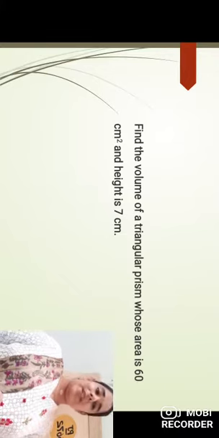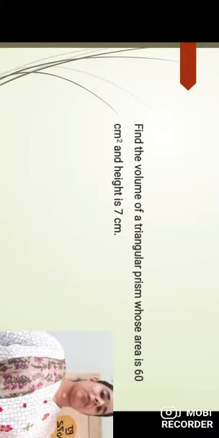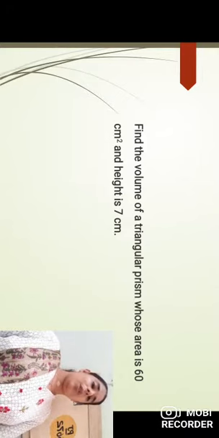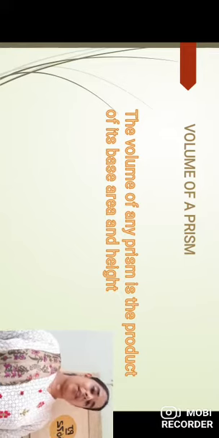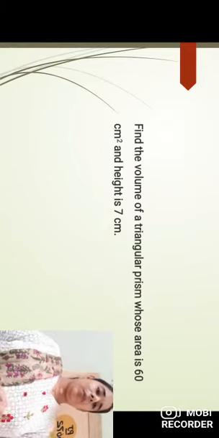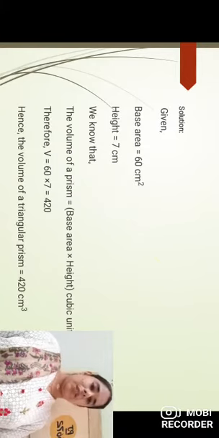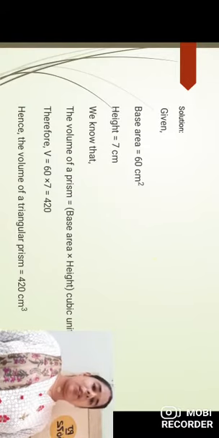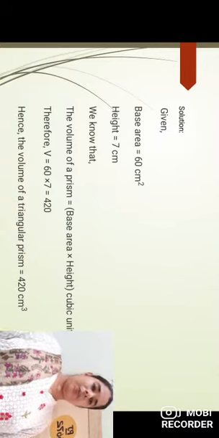Half into base into height. That is directly given here, 60 centimeter square, and the height is given. Volume of any prism is the product of base area and height. So volume of the triangular prism equals 60 centimeter square into 7 centimeter. The answer is 420 centimeter cube.